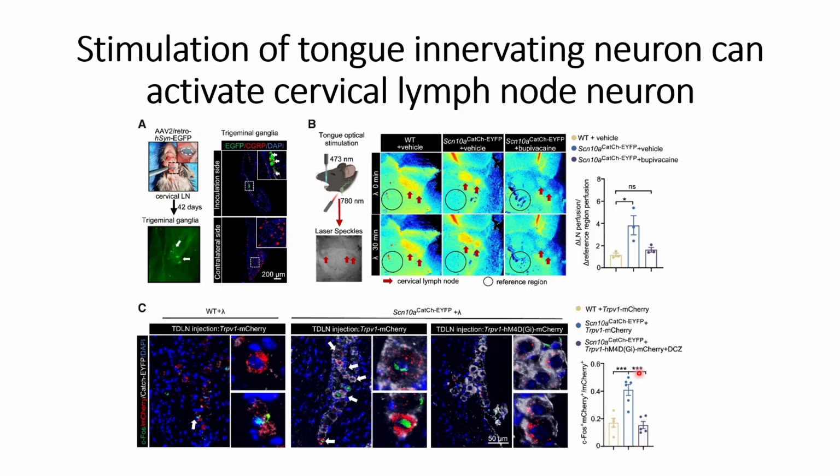This indicates that the stimulation of tongue innervating neurons can activate the cervical lymph node, or in general that the stimulation of one neuron can activate the other side's neuron. This is how they validate their hypothesis, using two different systems.